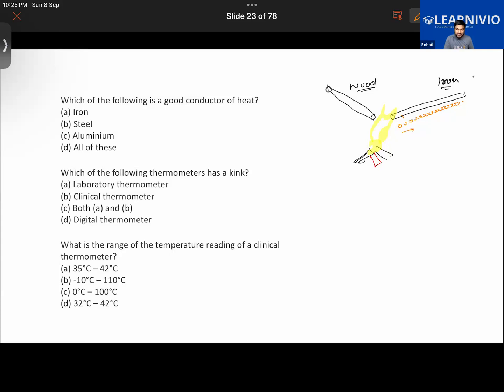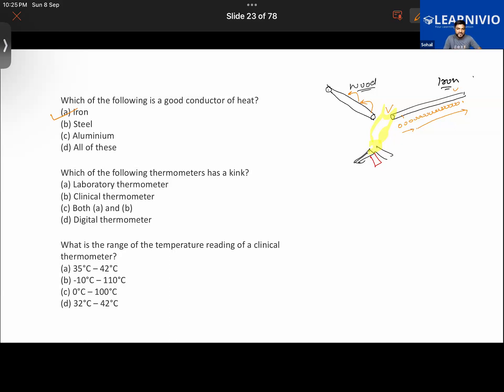The next particle will pass it to its next particle, and in this manner, from one end to another end, heat is passed on. So this allows the heat to flow from one end to another, and thereby it is a conductor of heat. But wood doesn't allow the heat to pass from one end to another easily, so it's a bad conductor of heat. Thereby iron is a good conductor of heat here.